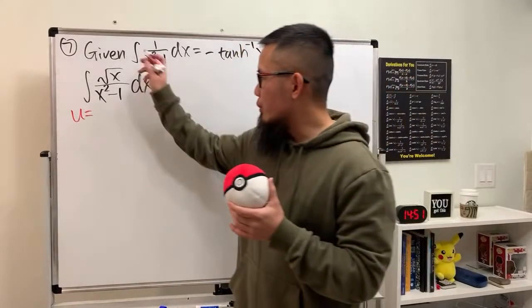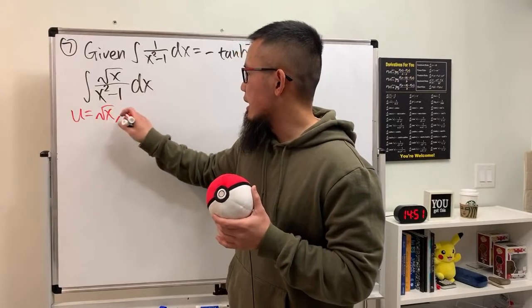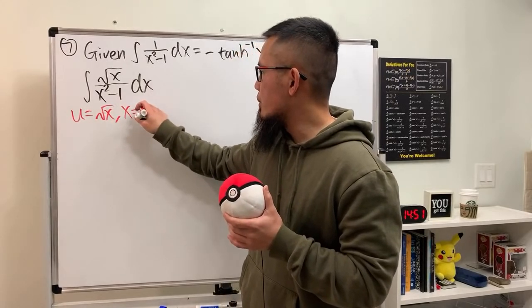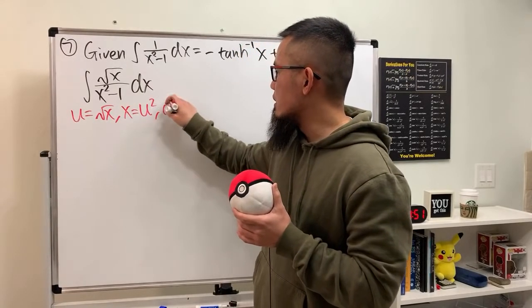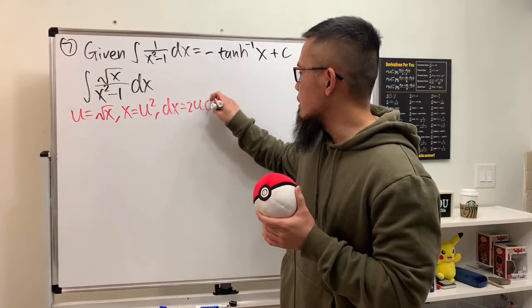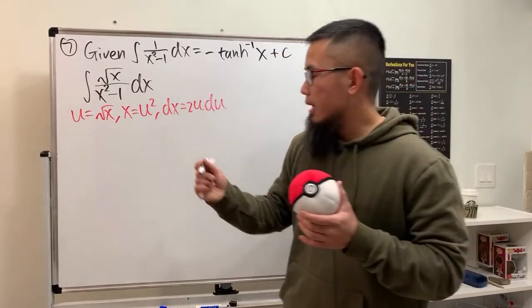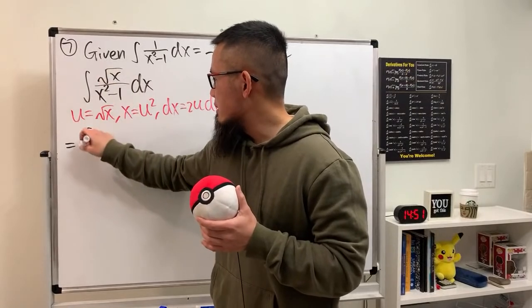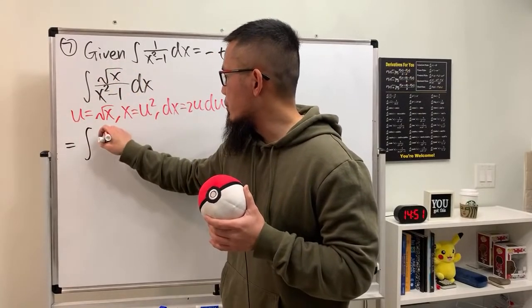Let u equal the square root of x. And then square both sides, x is equal to u squared, and you see dx equals 2u du. Okay, so this becomes the integral, on the top is the u.